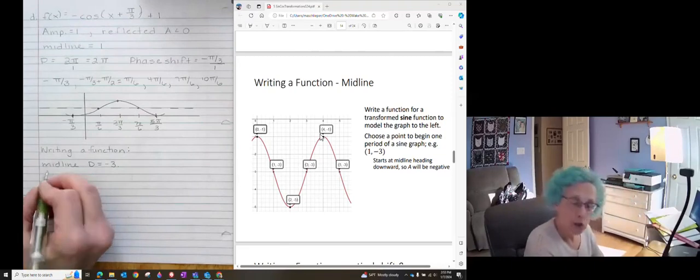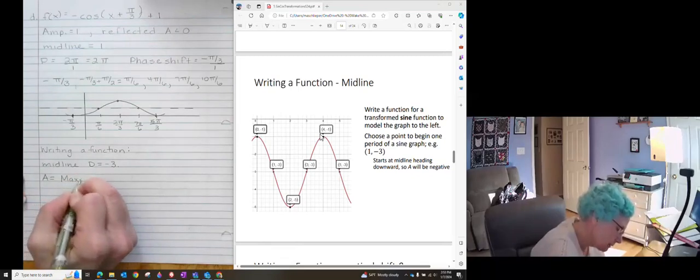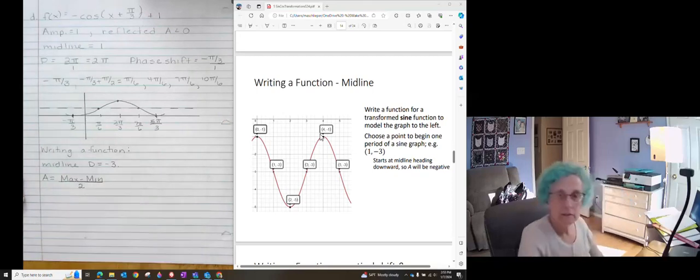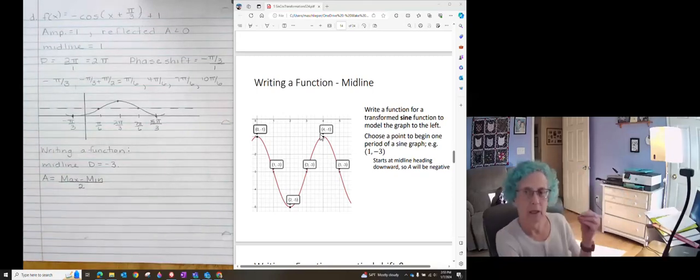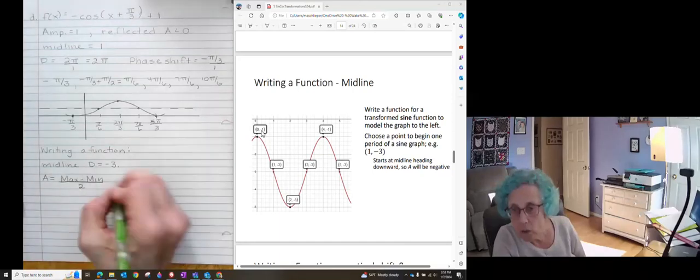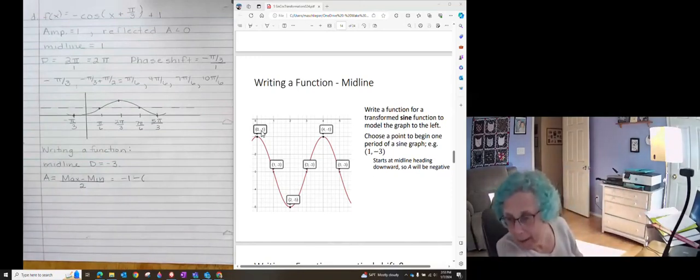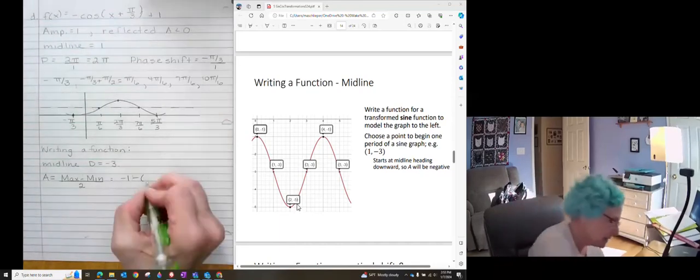To find your A, it is equal to your max minus your min, divided by 2. And when I say max, I mean the y-coordinate of your max. So the y-coordinate of my max is -1, and the y-coordinate of my min is -5.